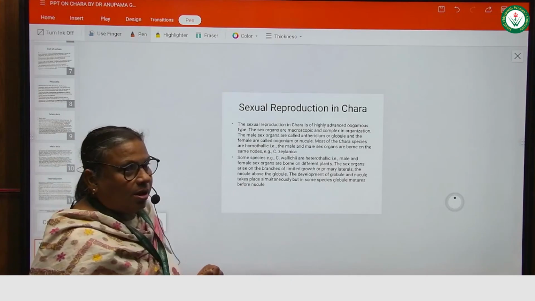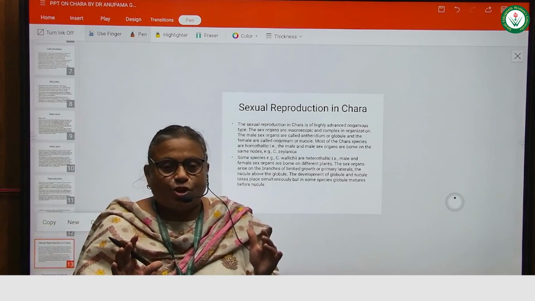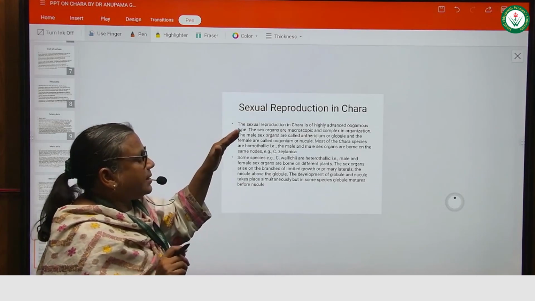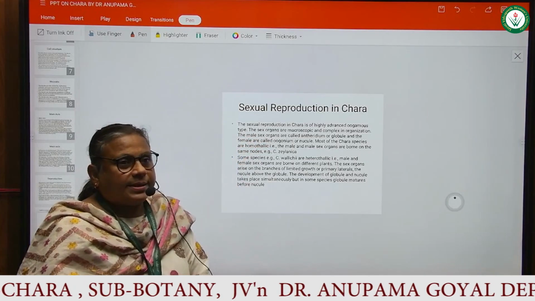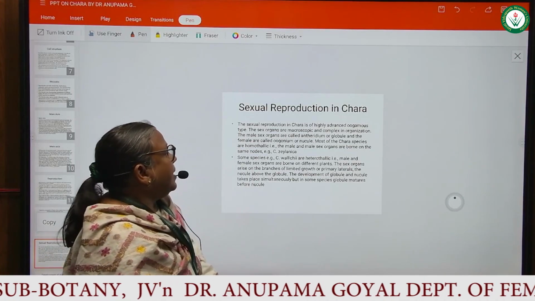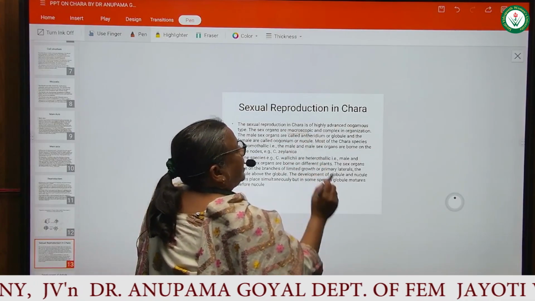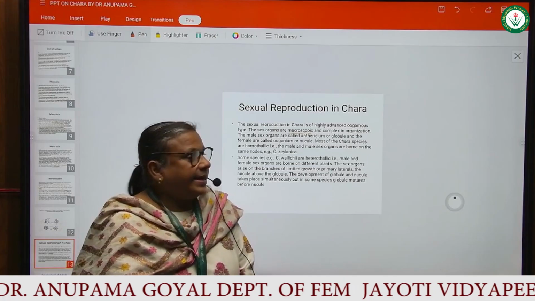Now I talk about sexual reproduction in Chara. The sexual reproduction in Chara is of a highly advanced oogamous type. The sex organs are macroscopic and complex in organization.